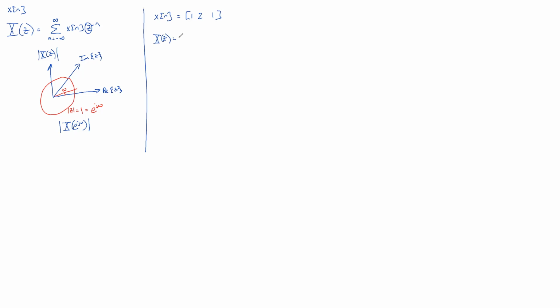Now, in general, your x of Z is a ratio of polynomials in Z. But for this particular one, because you can represent it as just a sum of delayed impulses, it's still a ratio, but its denominator is 1.